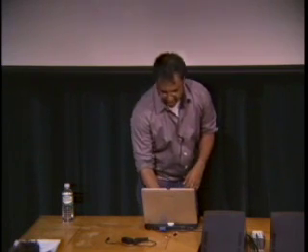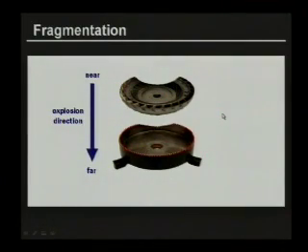Here's the next stage. We need to solve this problem of one part fitting inside another part. And so what we have here is a step we call fragmentation. The issue here is that we need to take this bottom part and split it into two pieces. We need to figure out the part that's in front, which is this bottom part here, and we need to figure out the part that's in back. And again, because we don't have the 3D information, we need a little more help from the user, from the author.